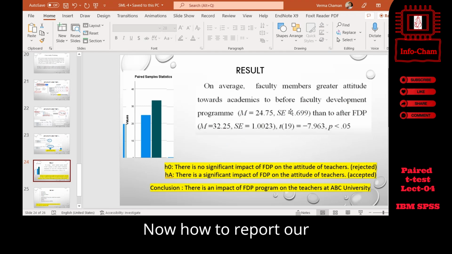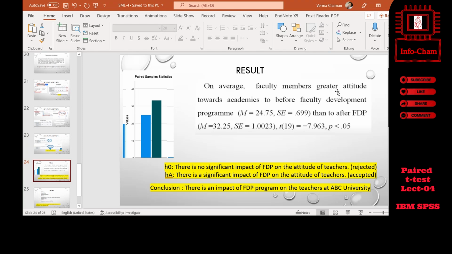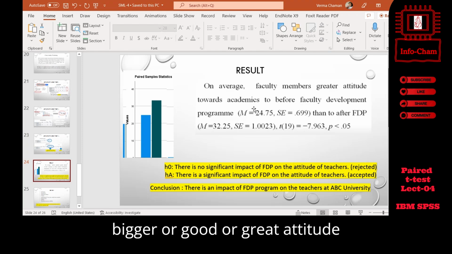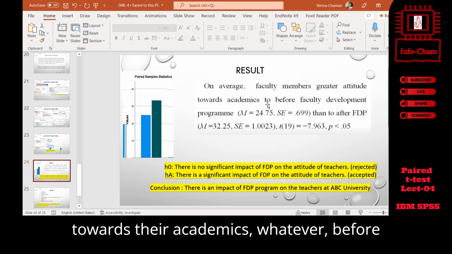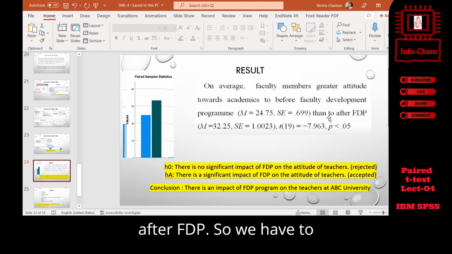Now, how to report our results? To report our results, we can easily see that on average, faculty members have a better attitude towards their academics after the faculty development program than before FDP.